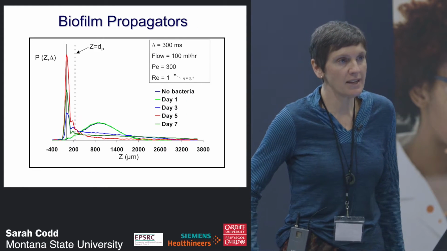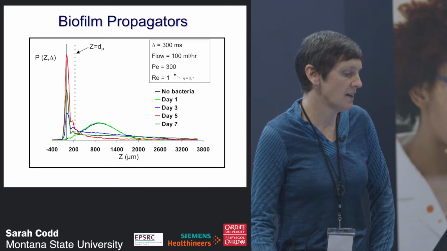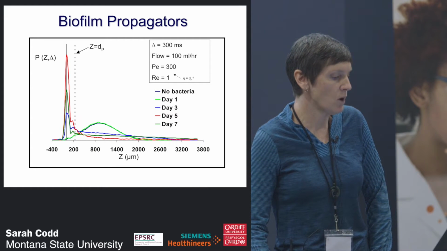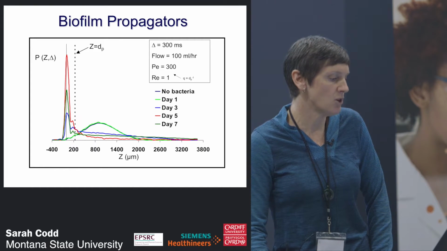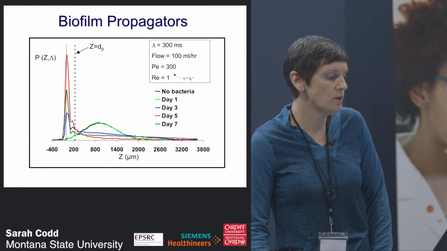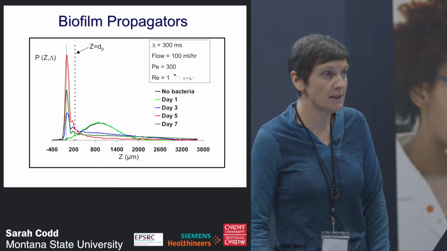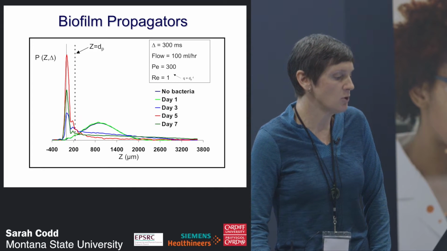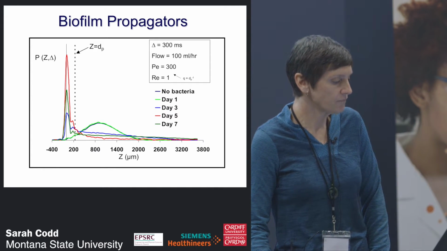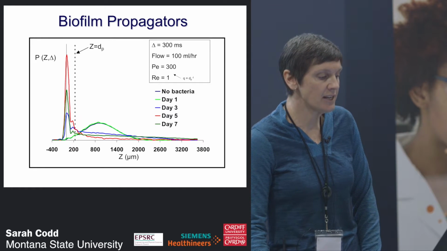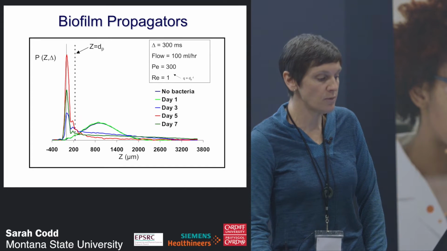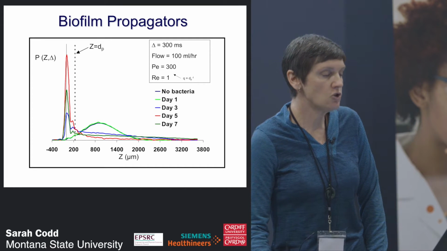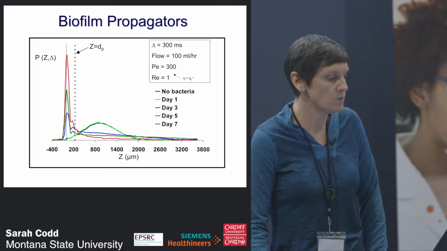And so these were the propagators that we obtained in the biofilm inside that bead pack. You can see here at day 1, after it's been seeded with the bacteria, but there's been no biofilm yet, that you get the normal propagator that you expect to see, Gaussian dispersion within this porous media. And then as we started to grow the biofilm, we see that we get some very large flows through the backbone of the porous media, as well as some trapped flow within the blocked pores.